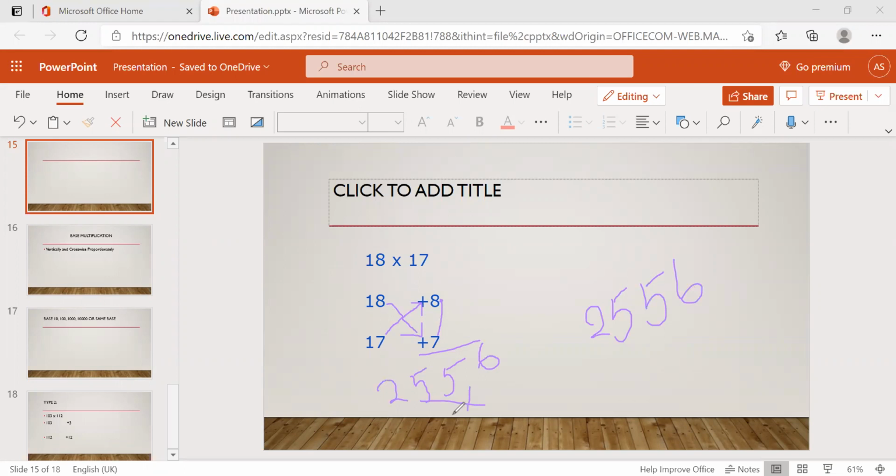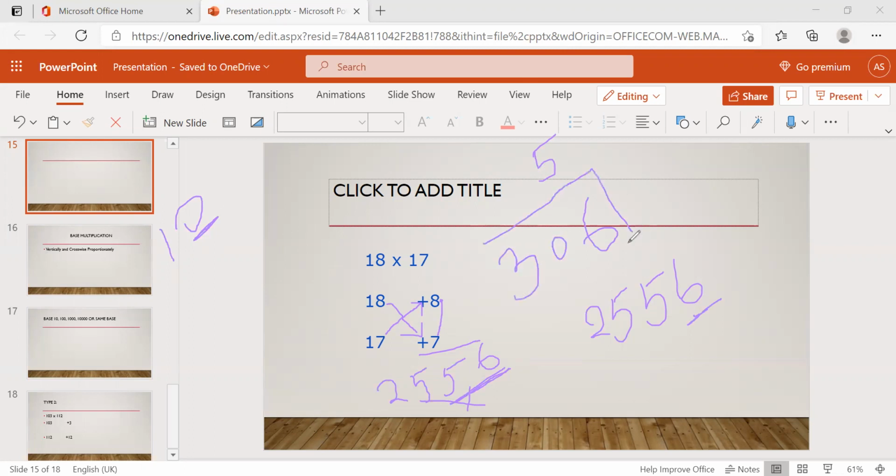So why is it the wrong answer? See here, 8 into 7, we are getting 56. But I said the base is 10, only 1 zero. That means a single digit is required. What about this 5 then? This always moves to the next one. It is like a carry. So here we have 8 into 7, 56, and 17 plus 8, 25, plus 5, 30.